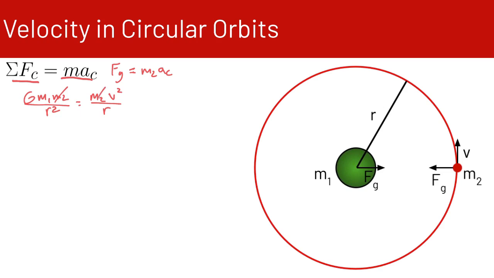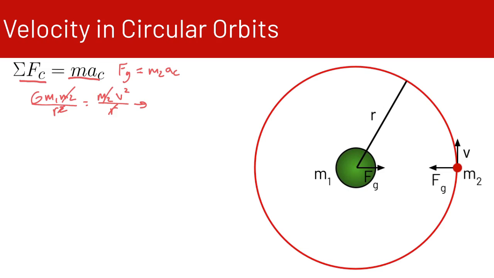Our mass m2 cancels, and one of the r's cancels. So if we're solving for the velocity of circular orbits, we end up with the square root of G m1 over r.